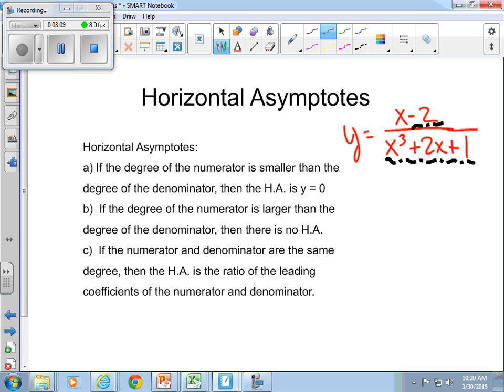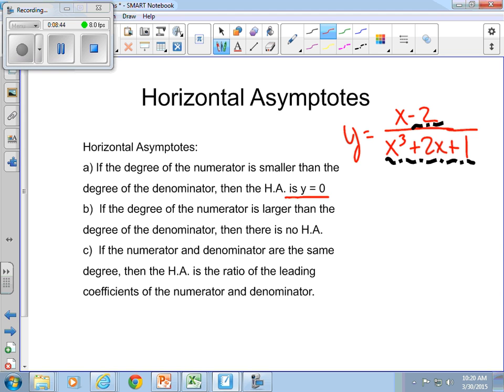That's tiny, right? 0.000000. So if the degree of the numerator is smaller than the degree of the denominator, then the horizontal asymptote is equal to 0. We're just going to follow these rules to find horizontal asymptotes. The degree of the numerator is smaller than the degree of the denominator, then the horizontal asymptote is y equals 0.